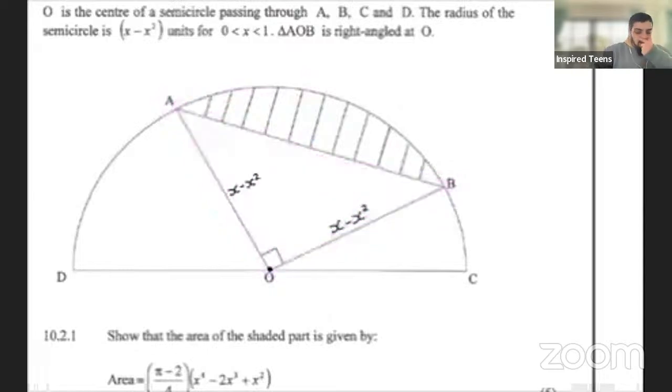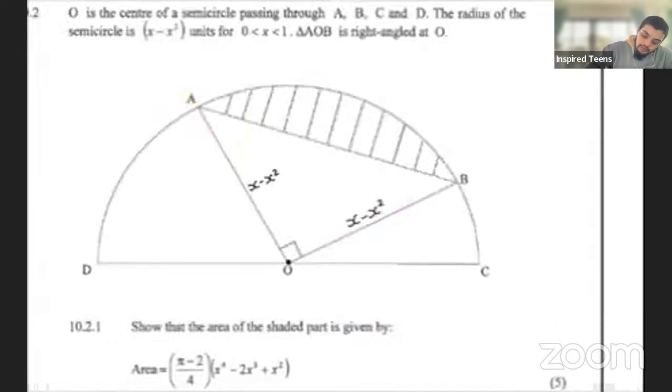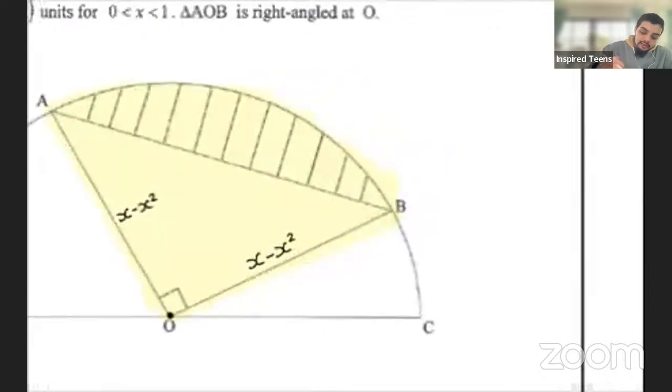Now, the way that we're actually going to do it is, if we look at this sector, it is made up of this entire region, including the shaded area, as well as this extra triangle. But first, let us try and formulate an area for that sector. You should remember from grade 8 that in order to calculate an area of a sector, we work with the angle if it's given.